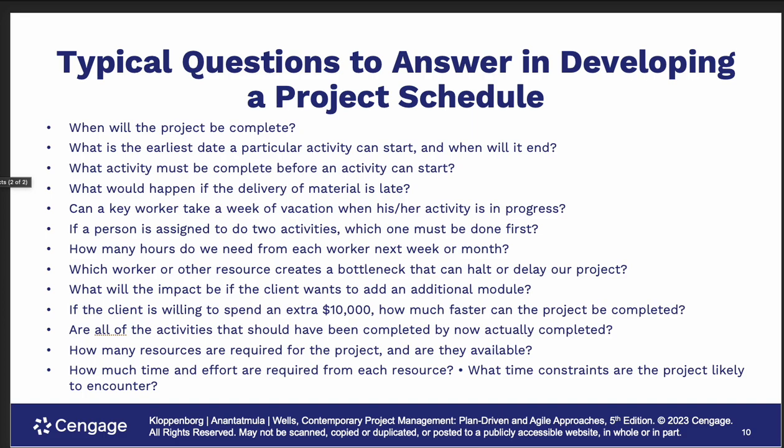Okay, so typical questions to answer in developing a project schedule. I'm not going to read all of these to you, but it shows you that the possibility for variations is fairly large and not inconsequential.